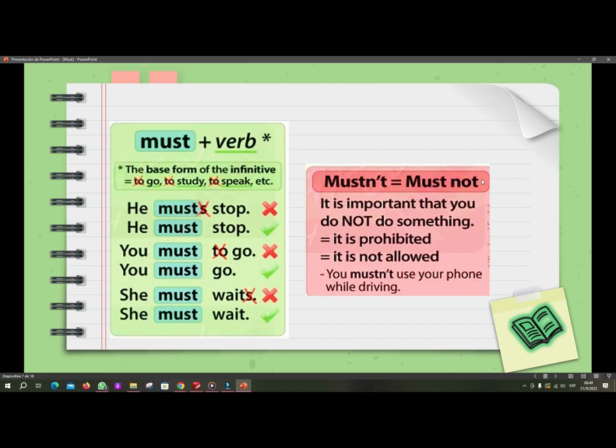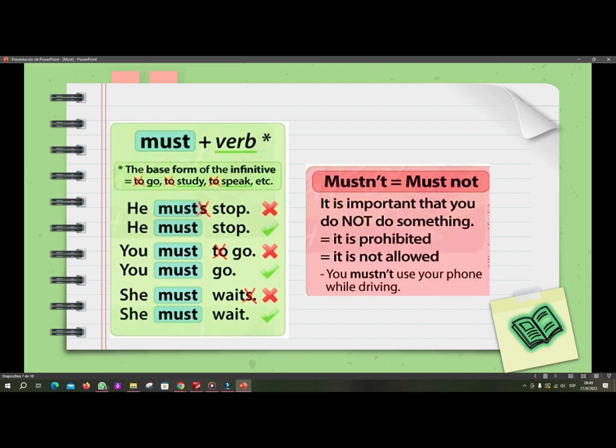Mustn't and must not. It is important that you do not do something. Is it prohibited or is it not allowed? You mustn't use your phone while driving, right?